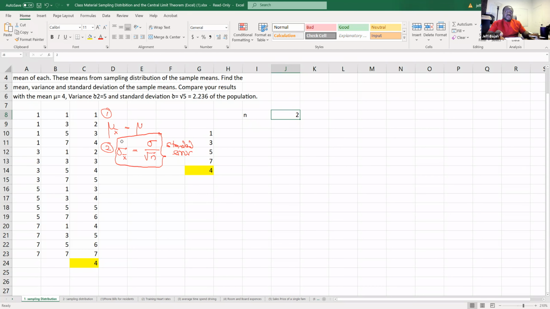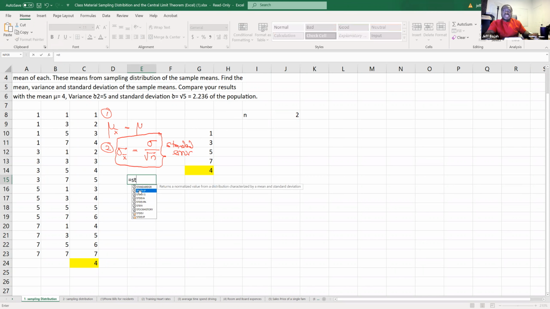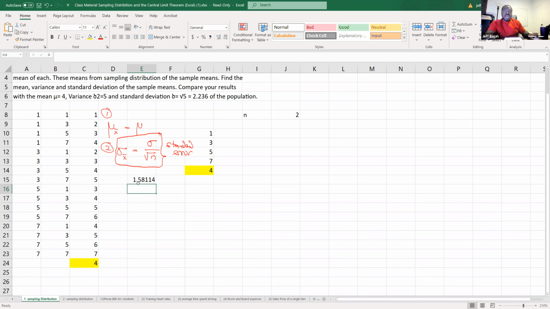So first of all, let's prove to see if this theory is correct, right? To prove that, for this first one, the formula will be equal to the standard deviation of all these values. And our answer here is what? 1.58. Right?